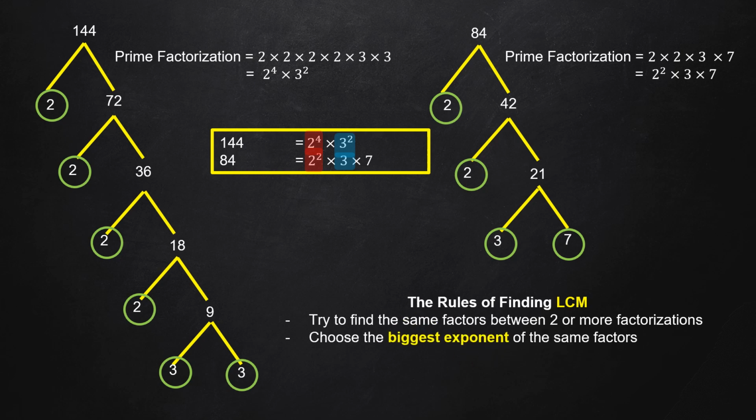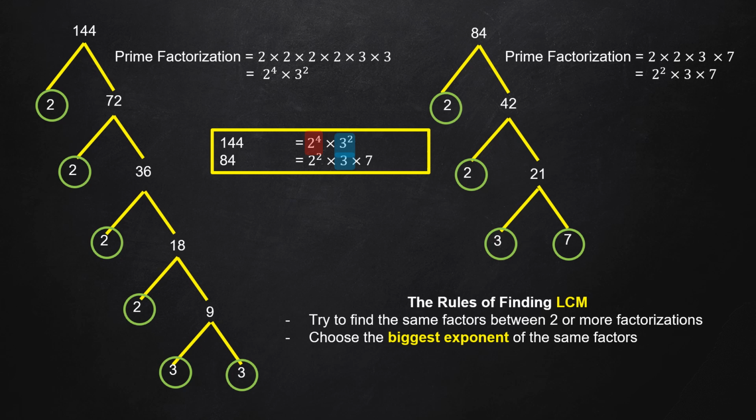Second, when you compare those same factors, you must choose the biggest exponent. So between 2 to the power 4 and 2 squared, the biggest exponent is 2 to the power 4.